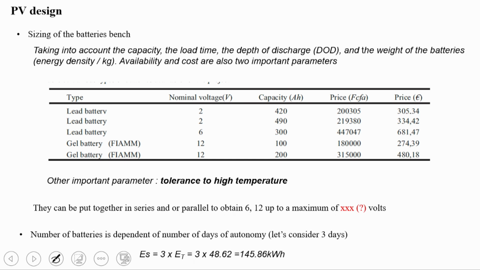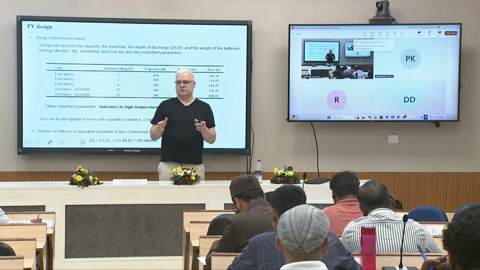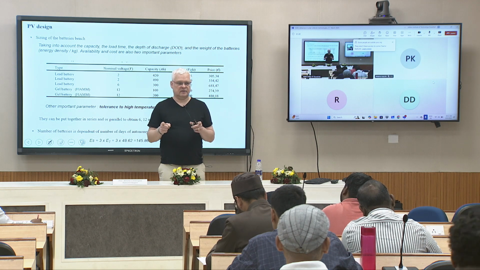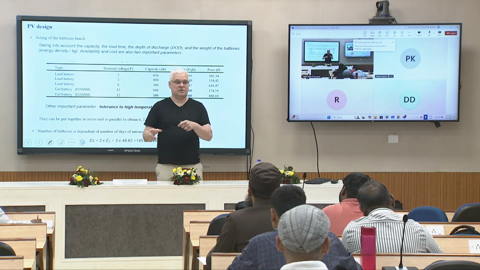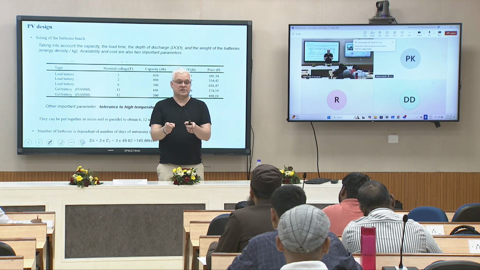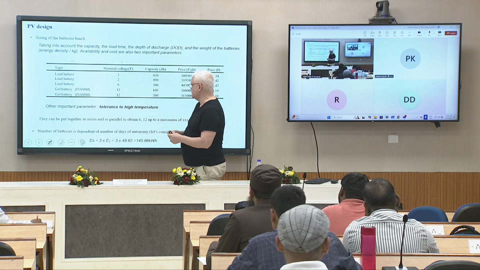Lead batteries are the most common. There are also gel batteries. We have to put 48 volts in a rack of batteries, to connect the batteries consistently with the PV plant and to have 48 volts.